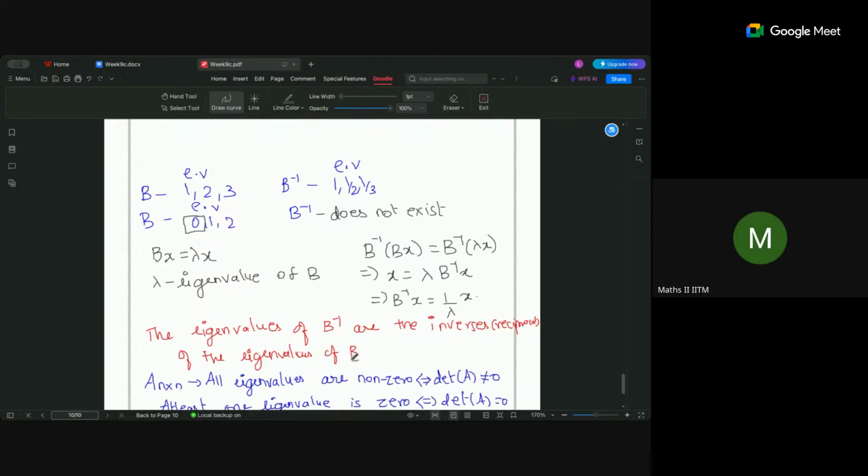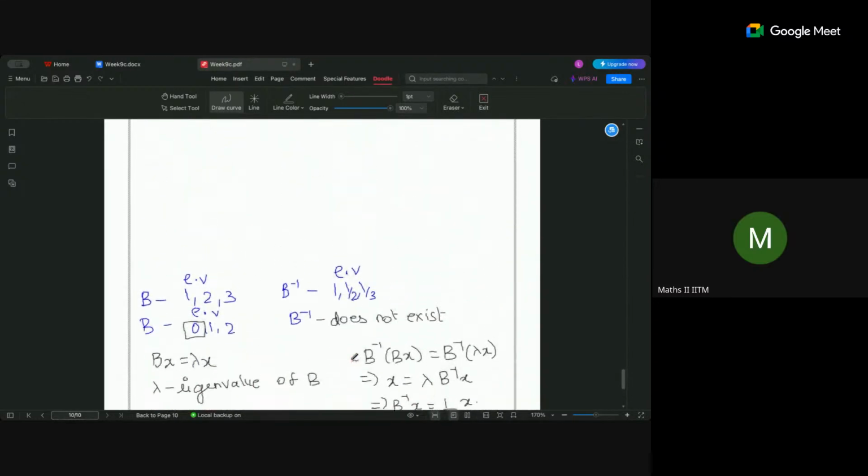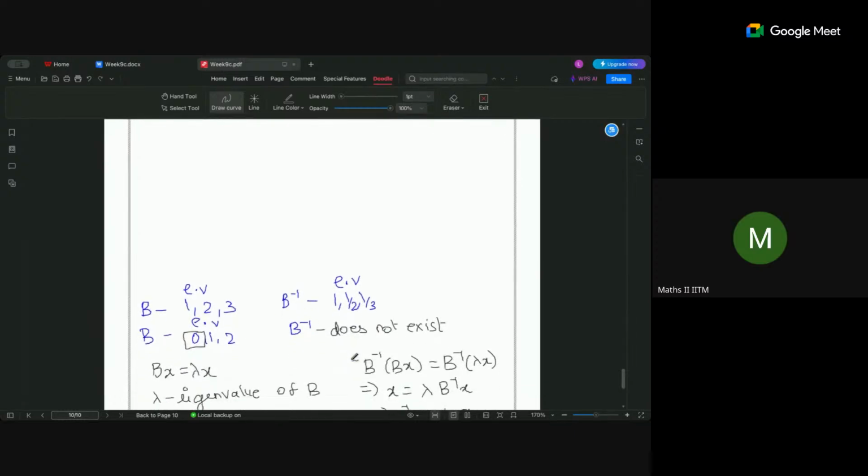Okay? And there is one more point maybe. Fine. So let us say you have a 2 by 2 matrix A, with entries A, B, C, D. You are computing its eigenvalues. So you will get a characteristic polynomial, right?